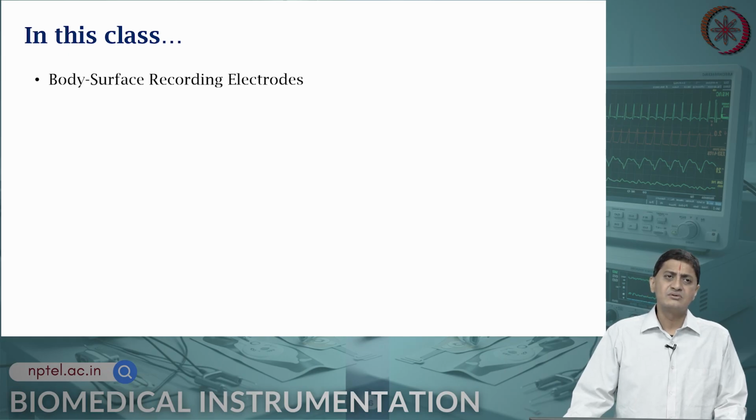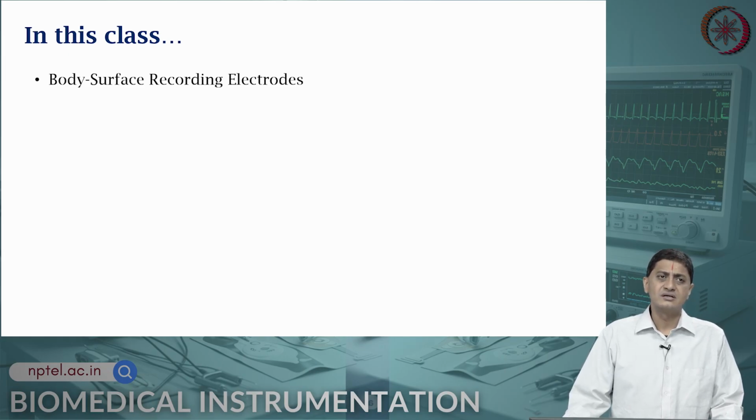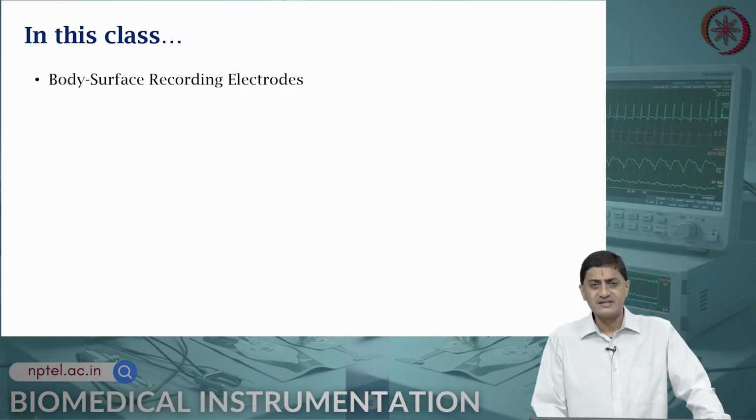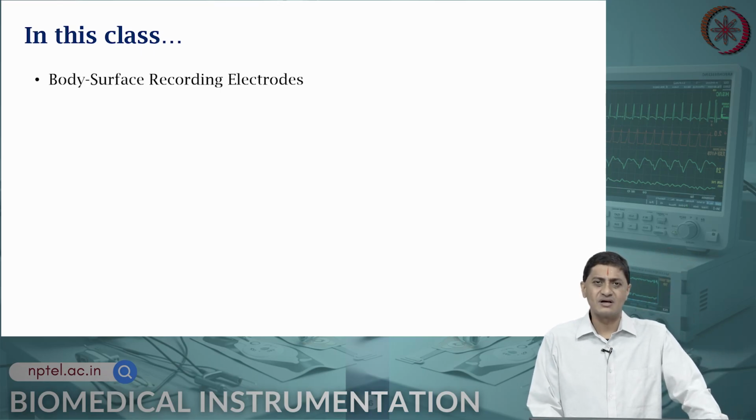In this video, we will look at body surface recording electrodes, that is surface electrodes. How do we use electrodes placed on the surface of the skin to record biopotentials from the body? These can be any kind of biopotentials.